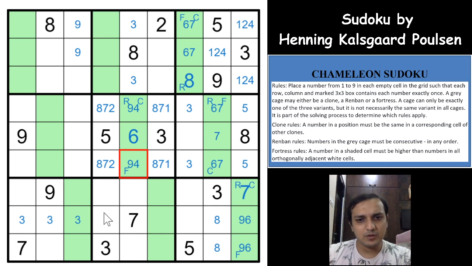Nothing much. By the classic rules, we get a 2 and 2 here, right? So we don't get anything here much. Okay. 5 has to be in one of these 3 cells, right? According to the classic rules.